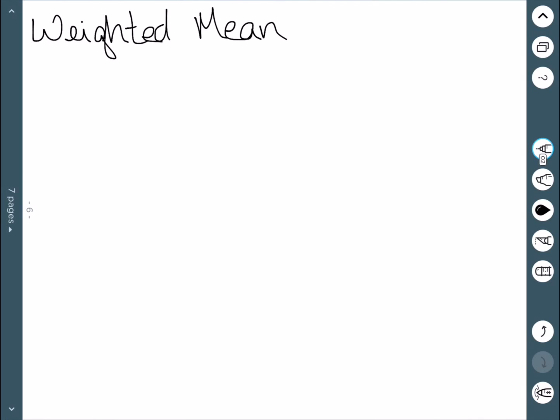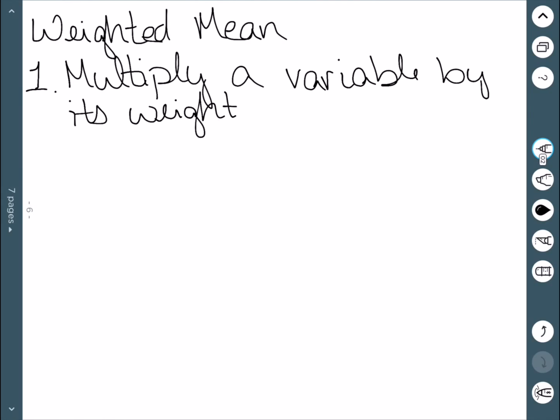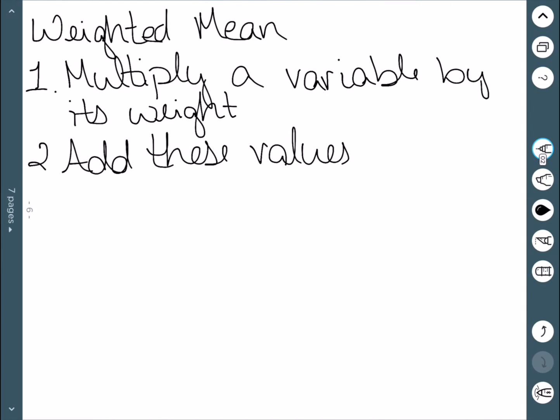The last type of mean we'll look at is called a weighted mean. So this is whenever we don't consider everything to be of equal value. Maybe some things are more important than other data points, and we want to give them a higher weight. The first step in this is to multiply a variable by its weight. And this depends on whatever the weight is, and we want to do this for all of the data points. We're then going to add up all of these values that we just found.